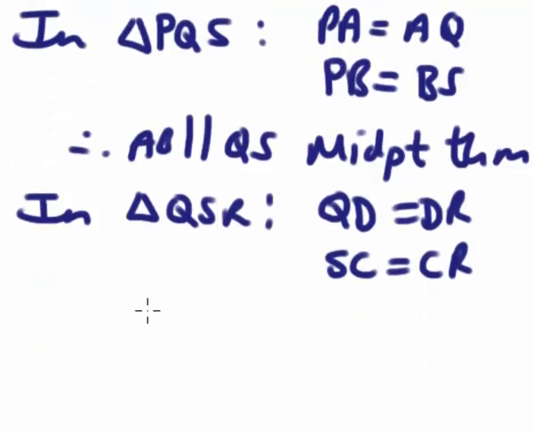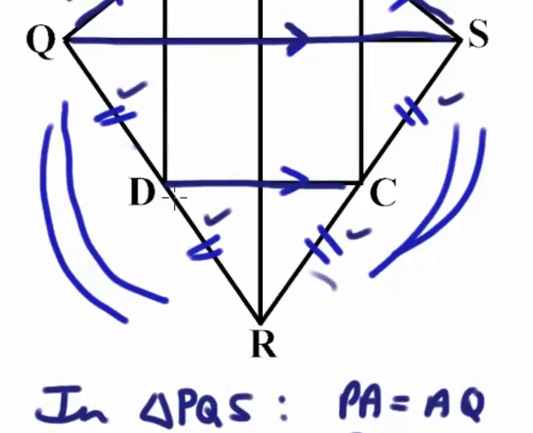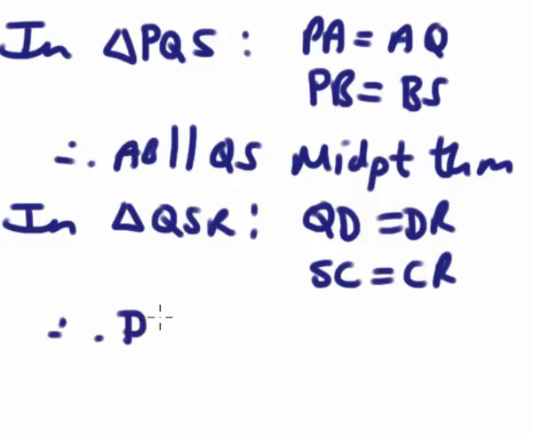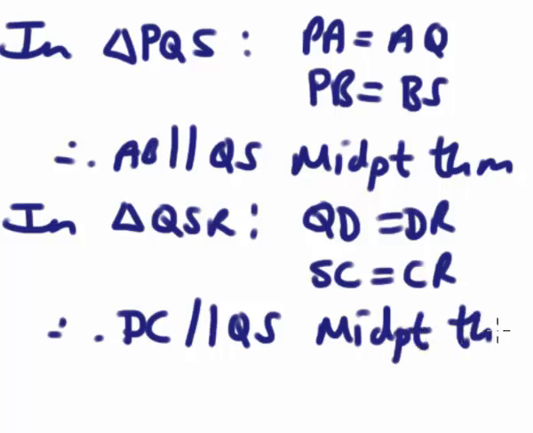And what does that tell us therefore? If you look at that, we've got DC is parallel to QS in this bottom triangle. QD is equal to DR, SC is CR, so therefore DC is parallel to QS, and once again that's the midpoint theorem.